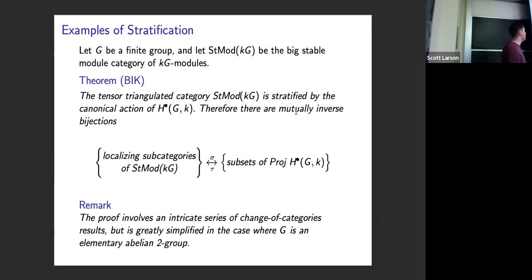The way that you actually prove stratification in this setting involves a lot of changes of categories, but the proof is greatly simplified if you just consider an elementary abelian 2-group. And that's going to come into play later on for what we did.